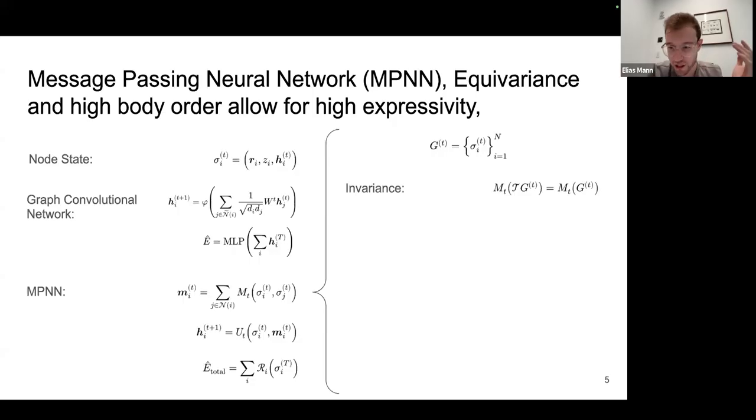A message function is said to be invariant to a given transformation if, when you apply a transformation to this set of atoms, you get the same output of your message function as if you never applied that transformation to begin with.